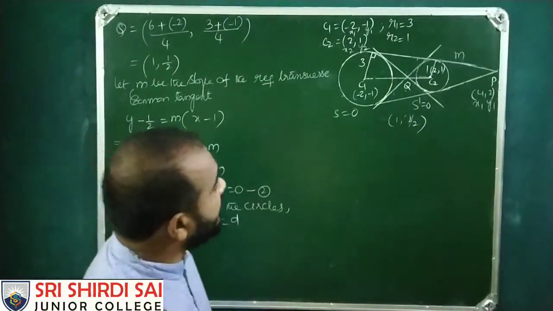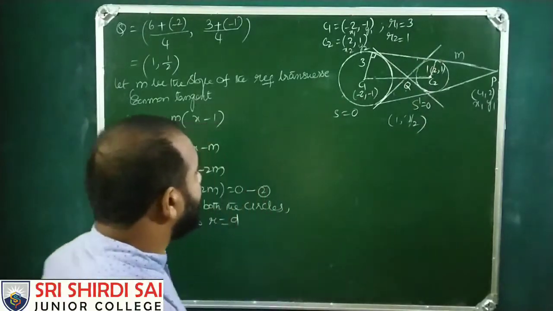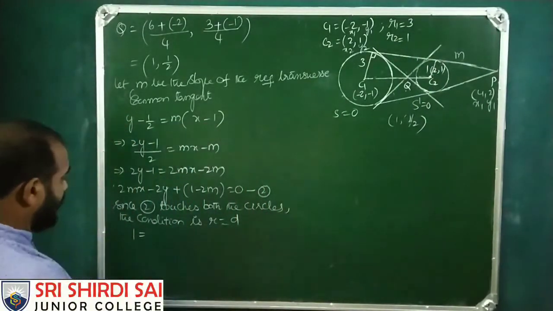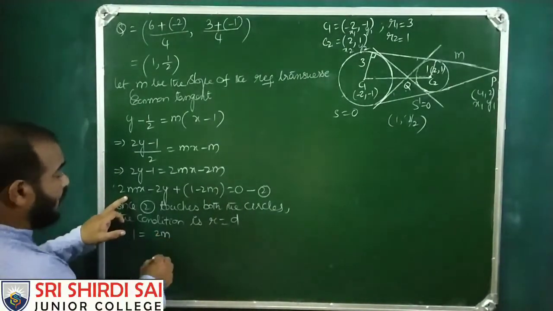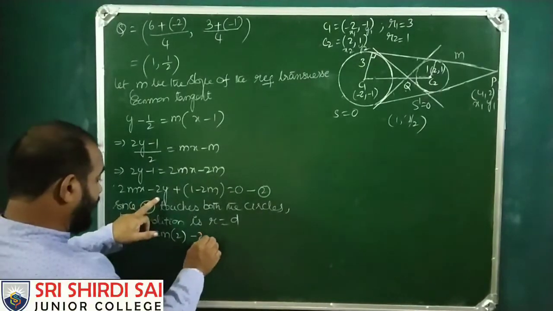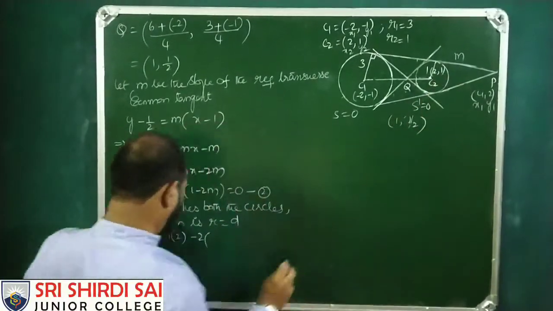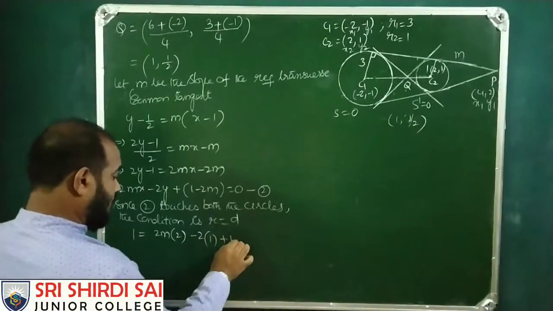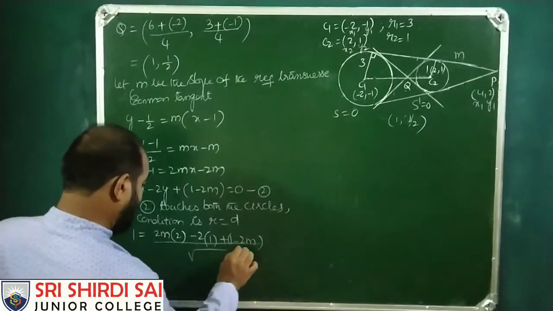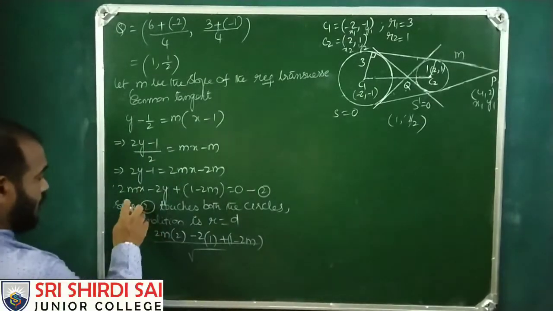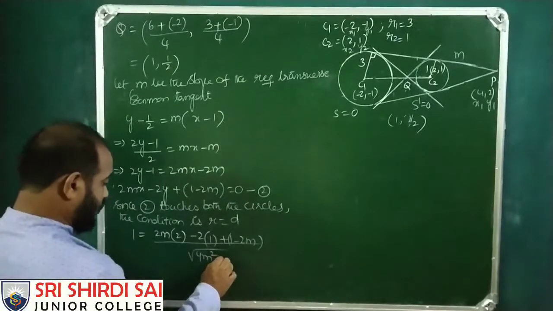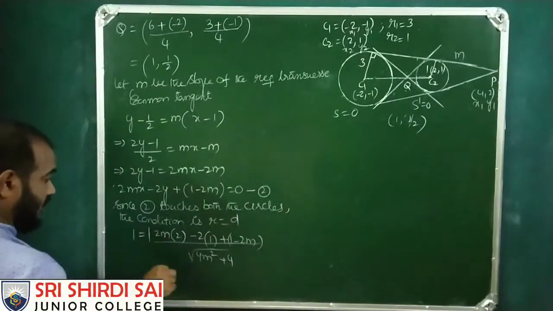So as usual I will take the second circle radius. So 1 is equal to the perpendicular distance. So 2m into x, which is 2, minus 2 into the y value, which is 1, plus 1 minus 2m, by the square root of (2m) whole square, 4m square, plus (minus 2) whole square, which is plus 4, modulus.